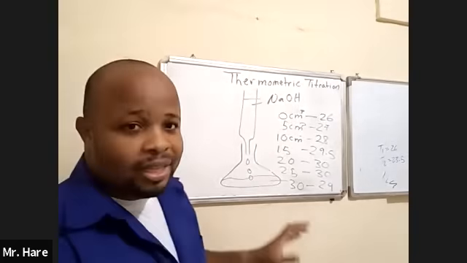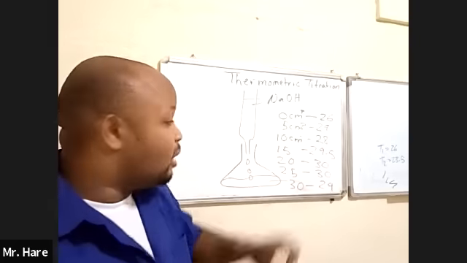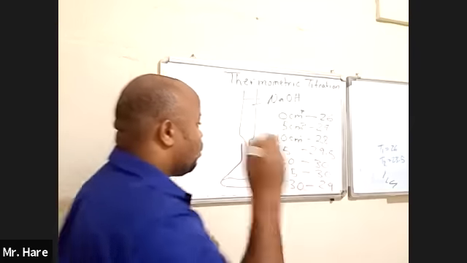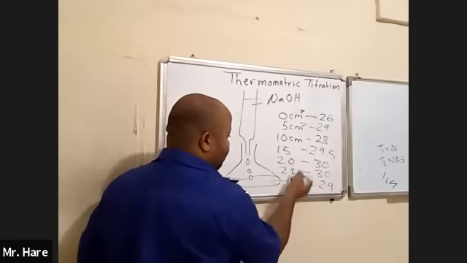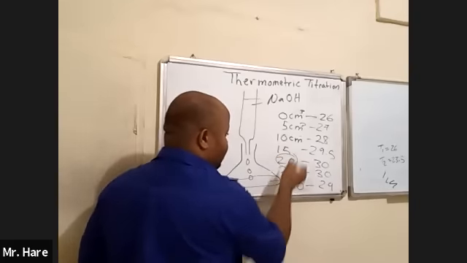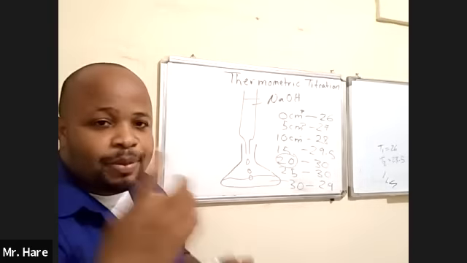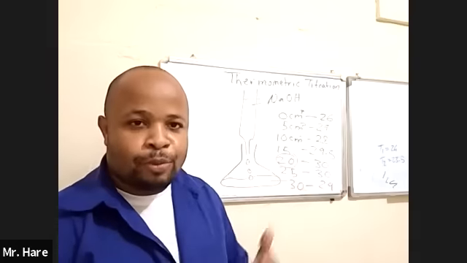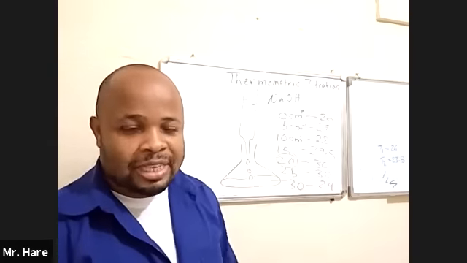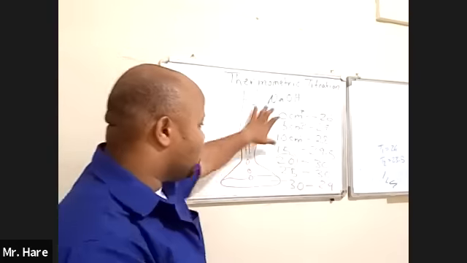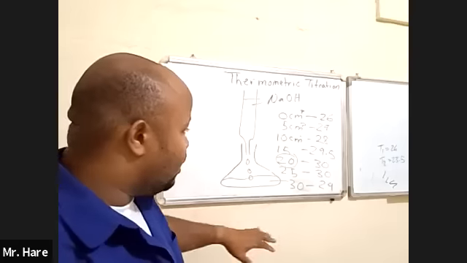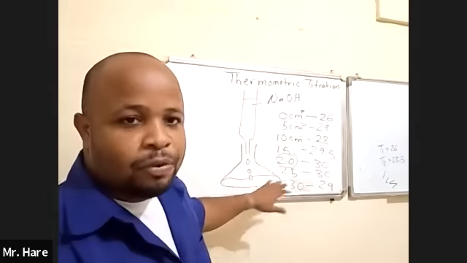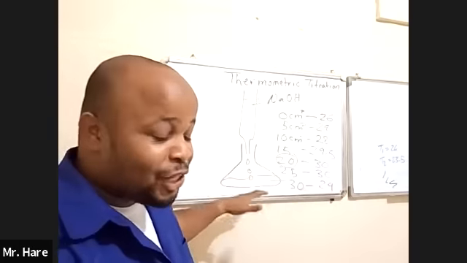So in terms of calculation, nothing is going to change because all we want to know is what volume was used for neutralization. That's it. The same thing with our regular acid base. We just want to know the volume used for neutralization. It is just the technique for obtaining the volume that is used for neutralization.